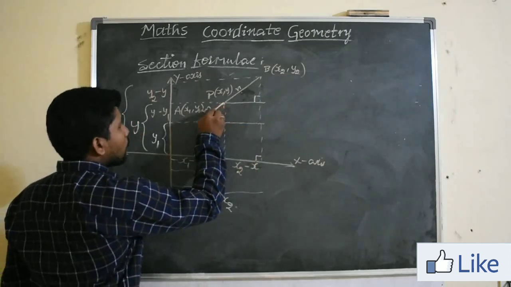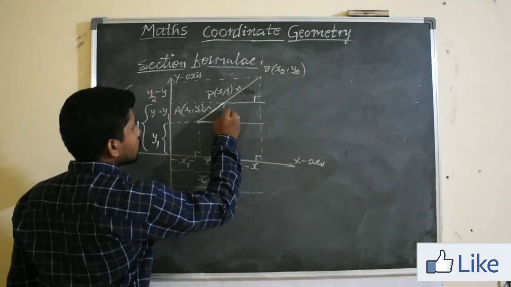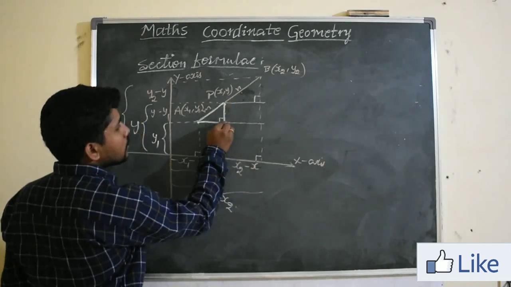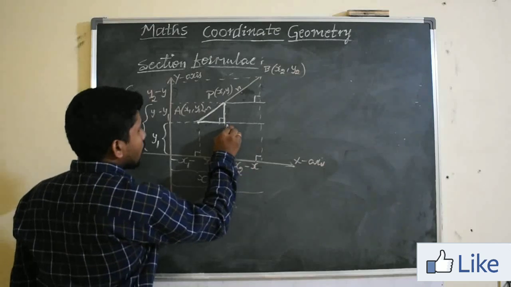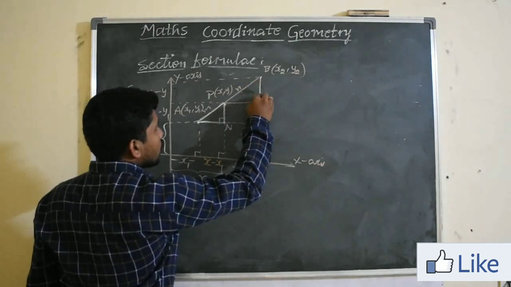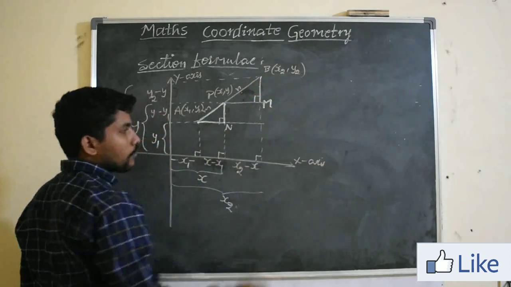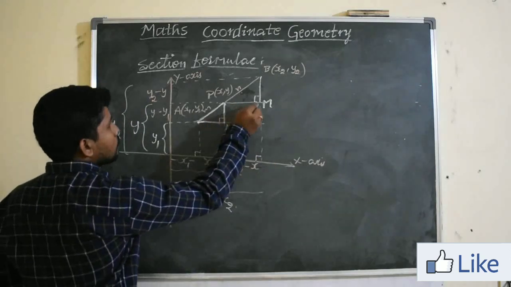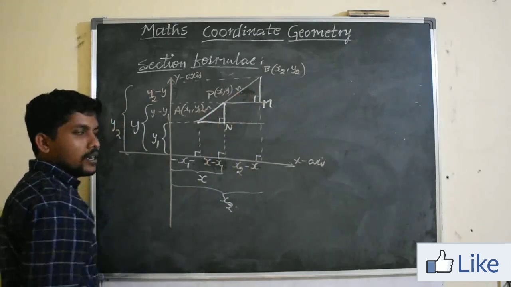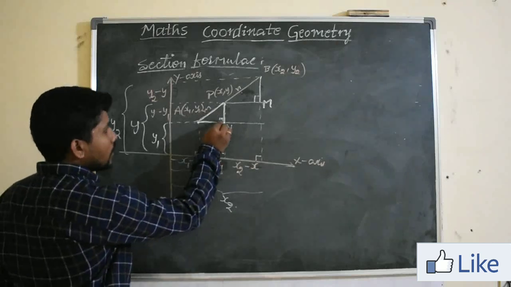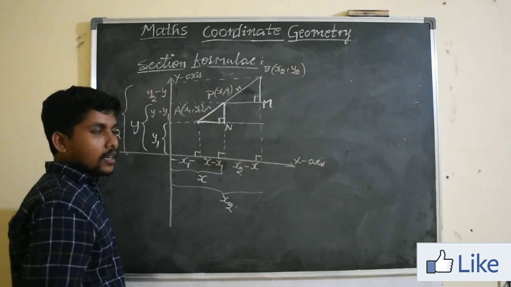One is PA. Let us take this point of intersection as some N, and here the point of intersection as some M. Now if you clearly observe, there are two right angle triangles, right?